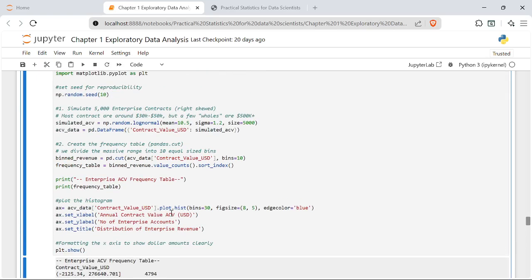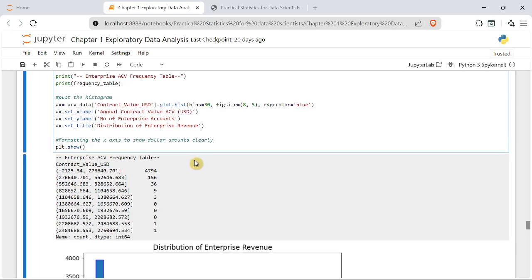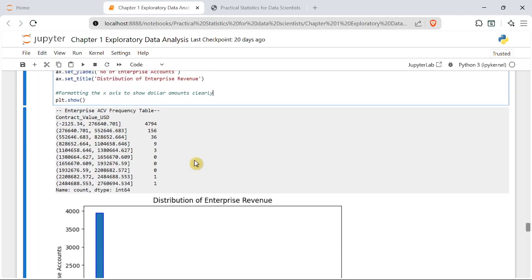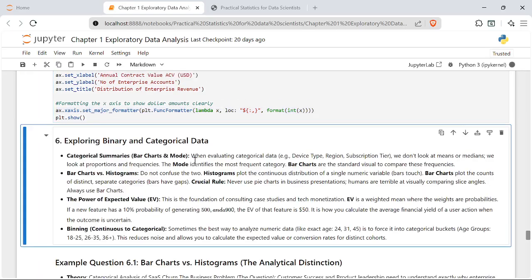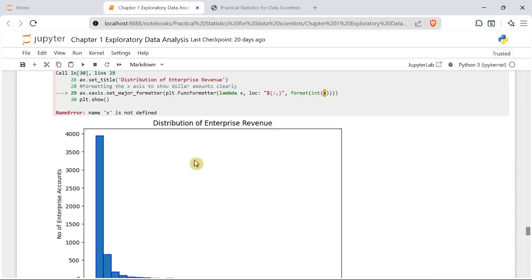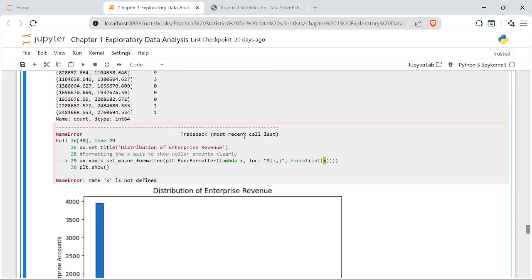Plot the X label. Okay, we had not formatted the x-axis to show dollar amounts clearly. Okay, if we do this now, lambda x is not defined.